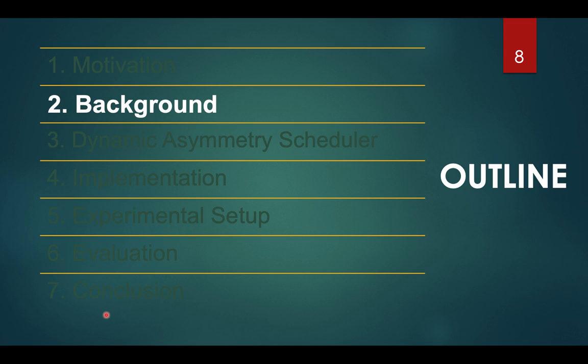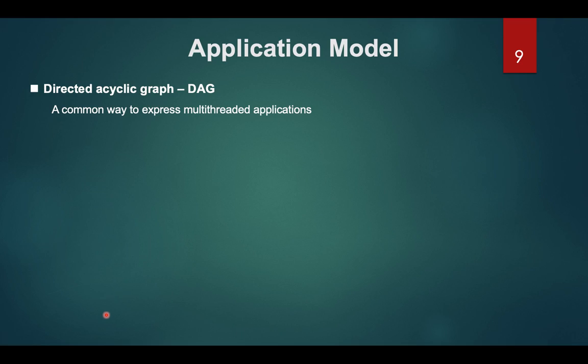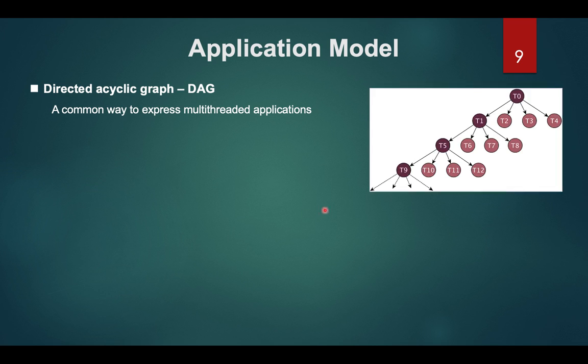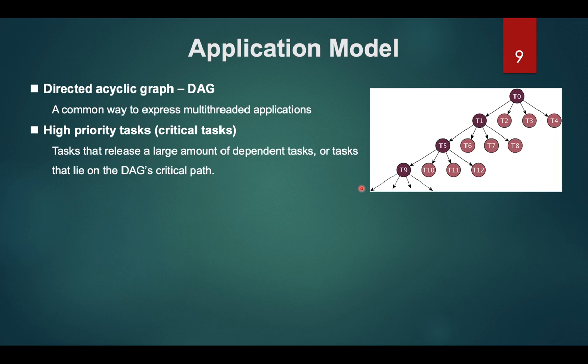Let's talk a little bit about background so that we can better understand the concepts introduced in this work. The application model makes use of DAGs, which is directed acyclic graph, and it is a common way to express multi-threaded applications. This figure shows an example of a DAG. We make use of high priority tasks, also called critical tasks, which are color coded as dark red in this figure.